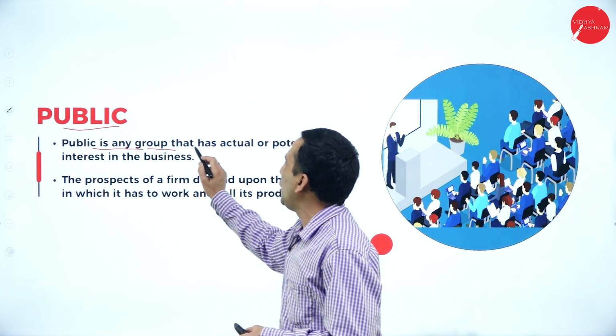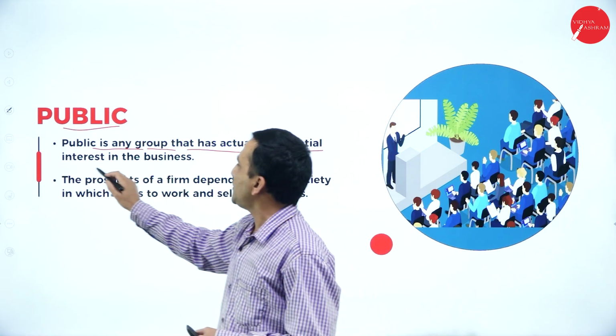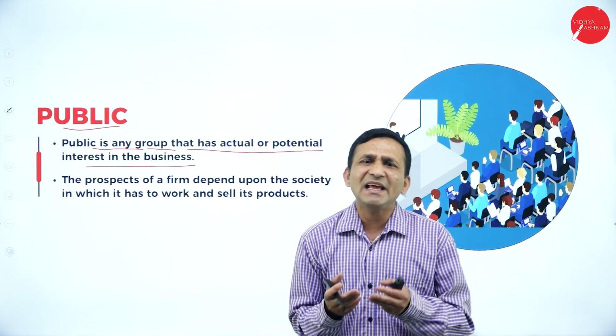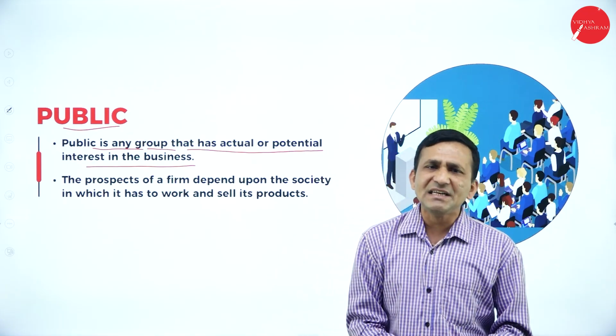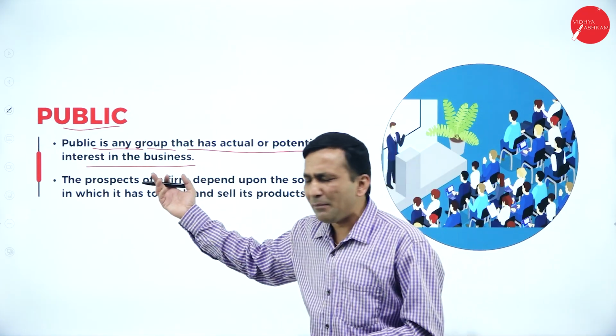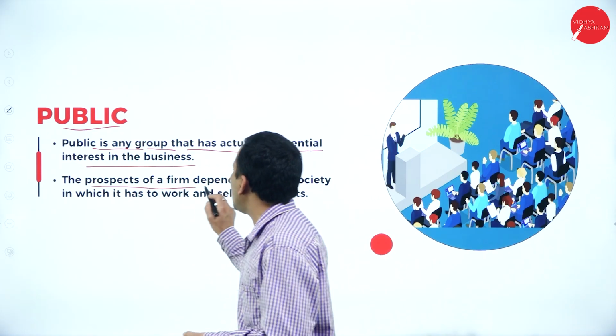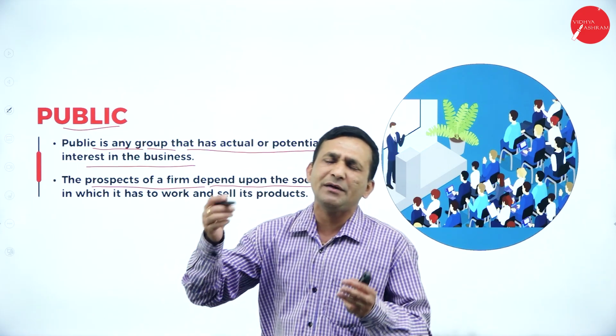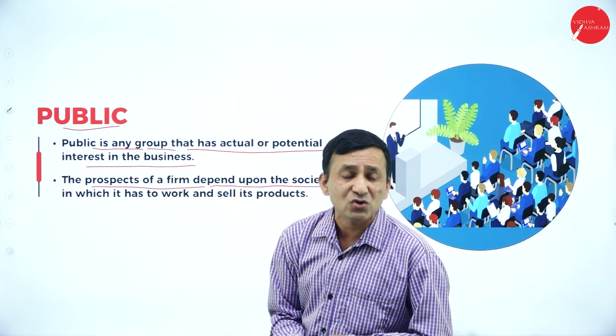Public is any group that has actual or potential interest in the customer. As I just told, those who are really interested are expressing an interest in your product. So those can be a public. The prospects of the firm depend upon the society, because the public is located and identified based on the society.